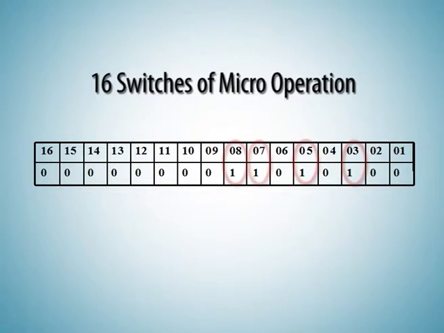That means, in a 16 bit number we can keep bits 3, 5, 7 and 8 as 1 and all other bits as 0. This implies that the control unit generates such a number, where bits 3, 5, 7 and 8 are kept 1, so that the control unit can make switches 3, 5, 7 and 8 on and all other switches can be kept closed.